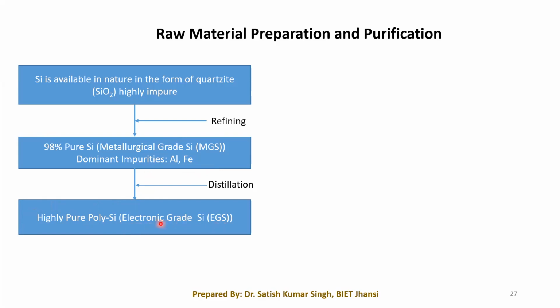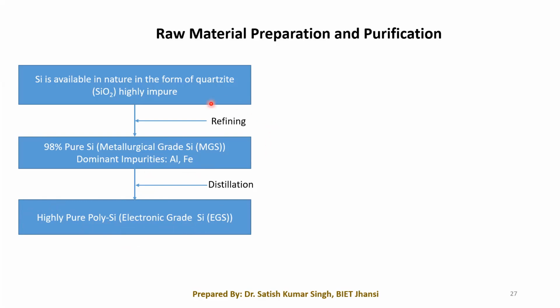Then this EGS will be used for converting the polysilicon into single crystal silicon. So we have to convert this polysilicon into a single silicon crystal. We will look at that one by one.